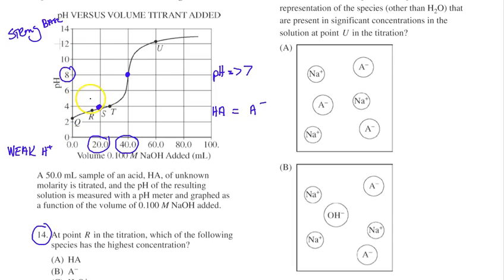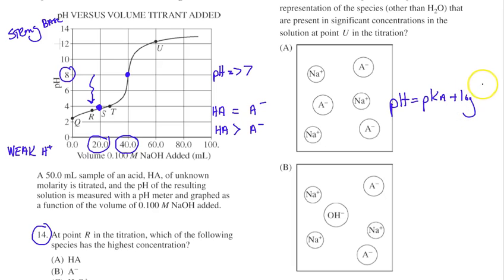So at point R, I'm a little bit below max buffer, which should tell me that there's a little more what? HA is bigger than the A negative. That's why the pH is lower. Remember this Henderson-Hasselbalch equation, pH is equal to the pKa of your acid plus the what?